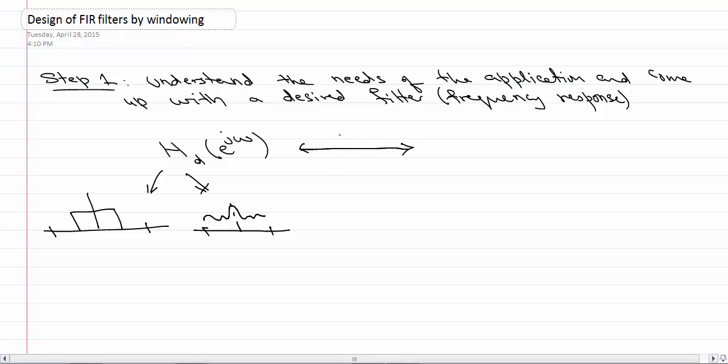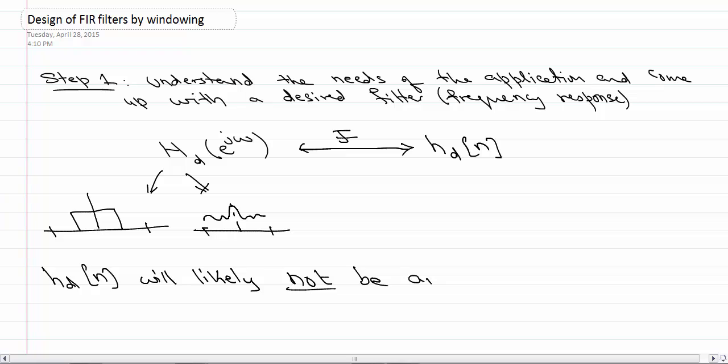And that is associated with, if you do the Fourier transform, an impulse response. So that is easy: you take the inverse Fourier transform of your desired response and you get the impulse response. But of course that impulse response, h_D of n, will likely not be an FIR filter, i.e., it will have infinite duration.